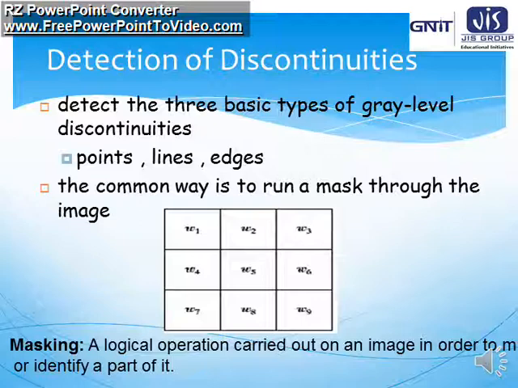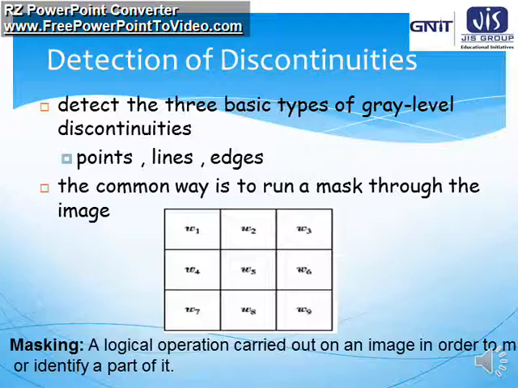Now a point means a pixel or a dot. What do we mean by isolated points? An isolated point is a particular point which lies in an area and doesn't match at all with its neighbor pixels.